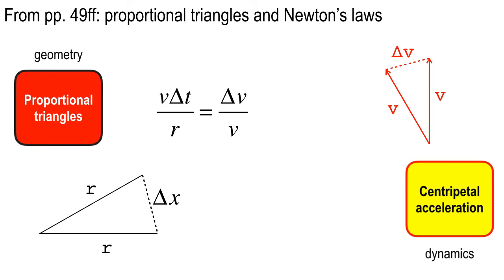This left-hand ratio, V delta T over R: V delta T is the short side of the position triangle, because delta X is equal to V delta T. The second ratio is delta V over V, and delta V is the short side of the velocity triangle.